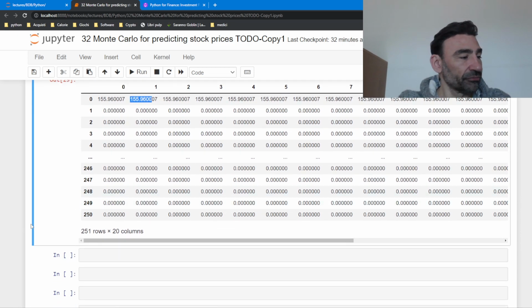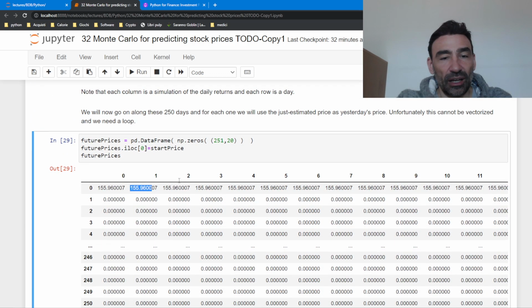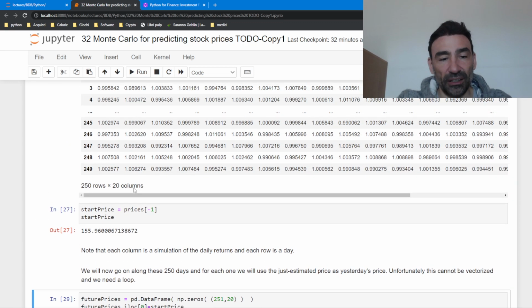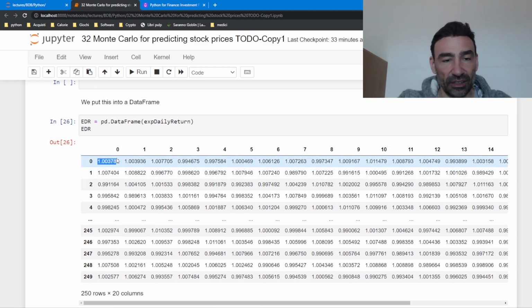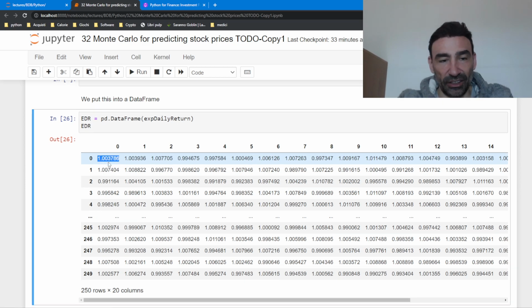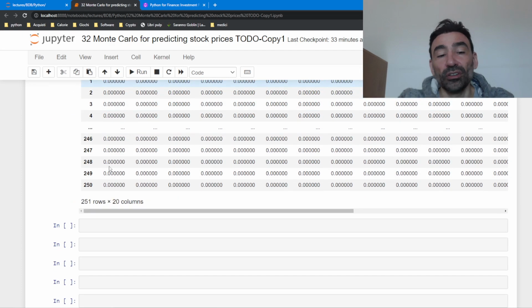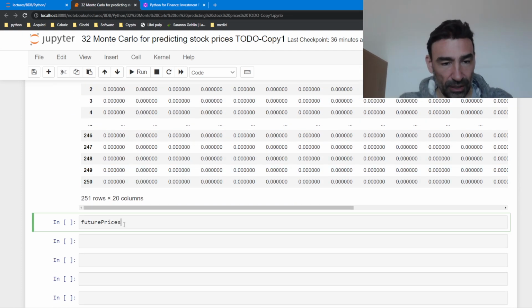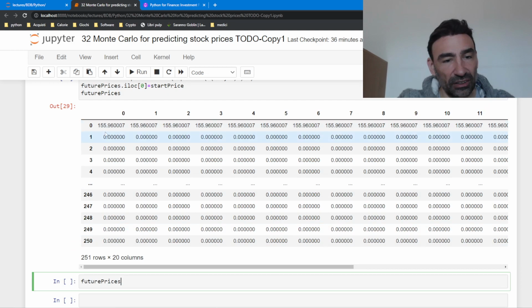And now I have to do the simulation. So for each day, starting from here, I have to take the price of the day before, so shift 1, and multiply it by the estimated log ret of the day of today, this value here. I could do it vectorially. I don't have to estimate all of them.